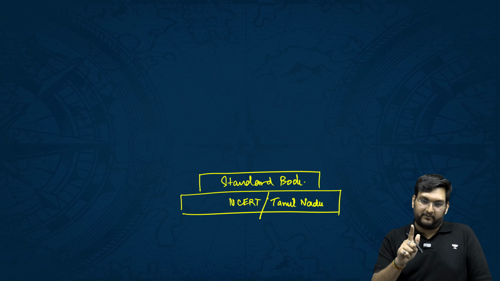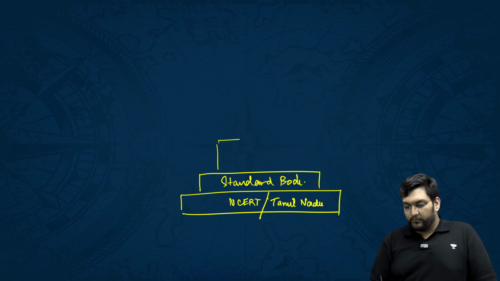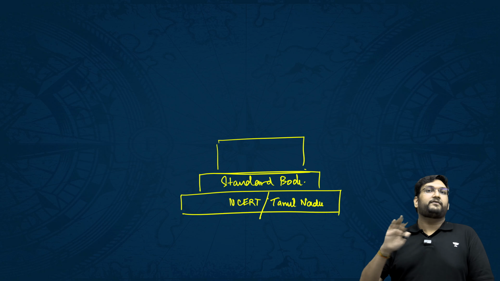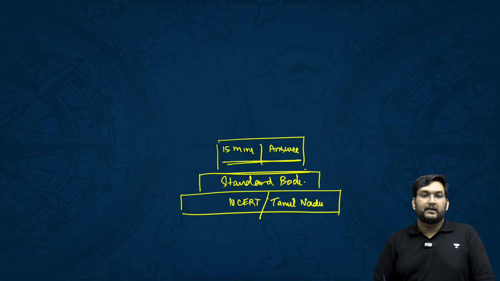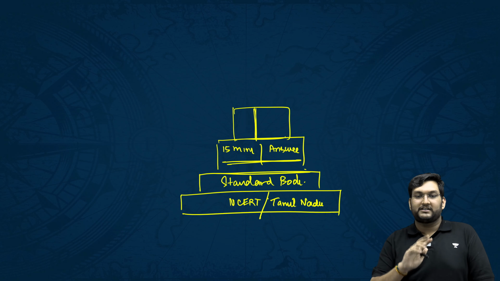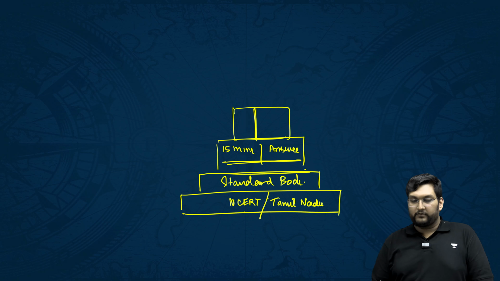Thereafter, once the first reading is done, through the 15 minutes rule and answer writing, I'll keep on revising everything. And then I will do the second reading, not of the NCERT, NCERT is just for foundation, but of the standard books again.